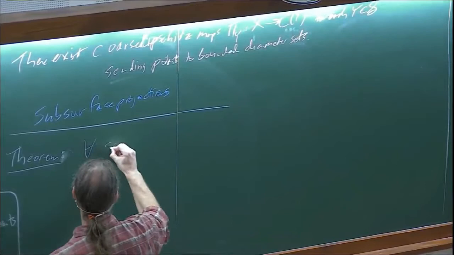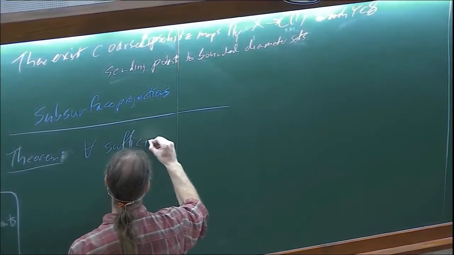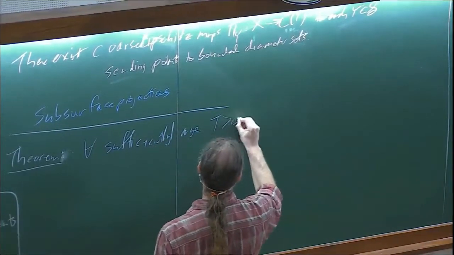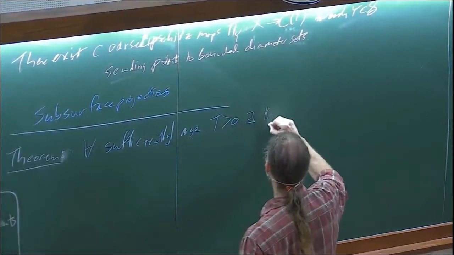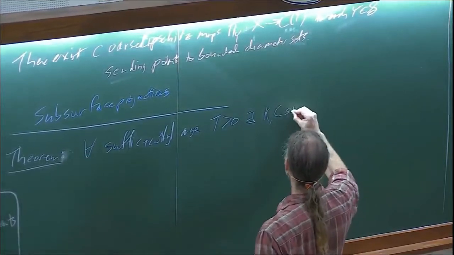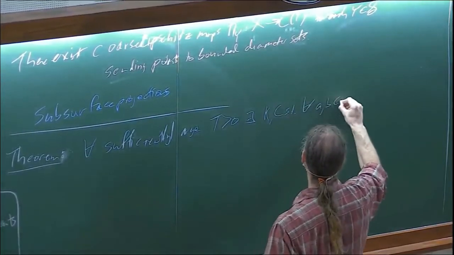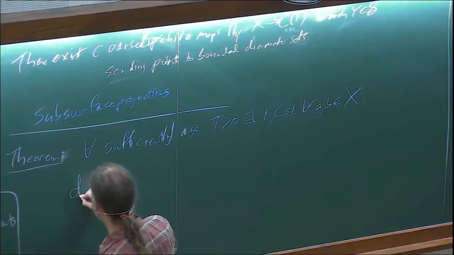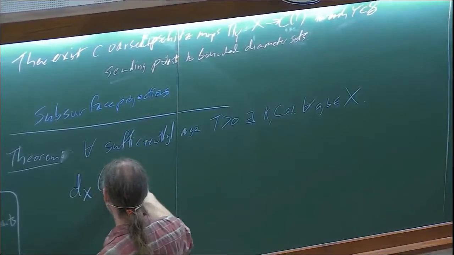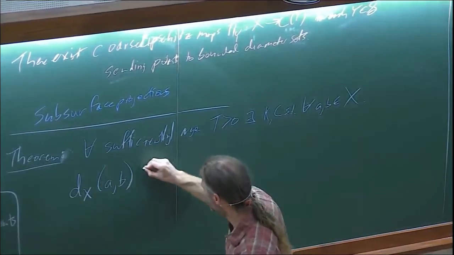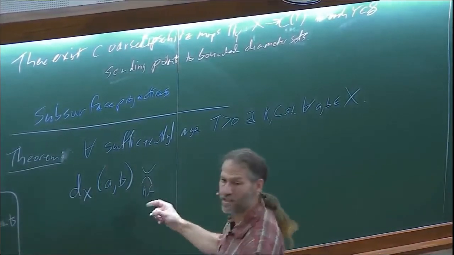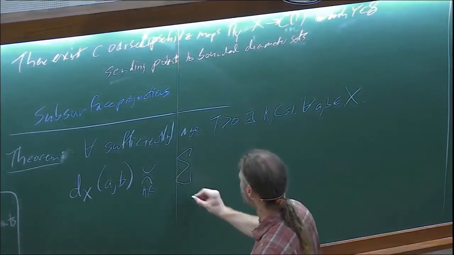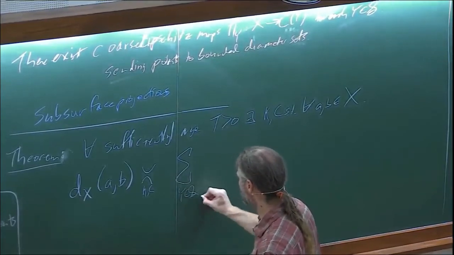For each sufficiently large constant t greater than 0, there exist constants k and c such that for every pair of points A and B in my space X, the distance in X between A and B can be kc quasi-isometrically estimated by summing over all y in this index set.